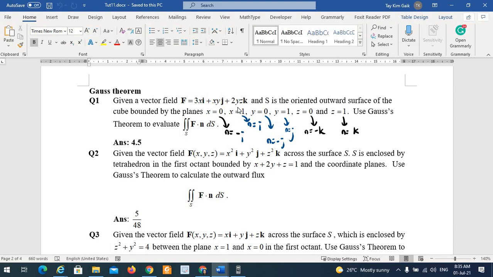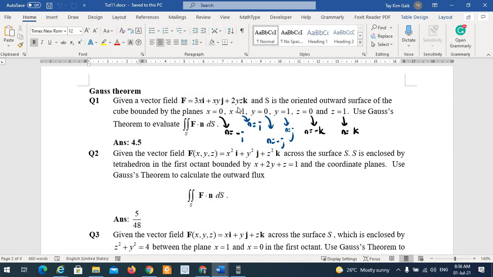S here is a capital S, standing for one unit of surface area across the surface S. If we do not use the Gauss Theorem, then you have to do your flux integral 6 times, because you have 6 surfaces.